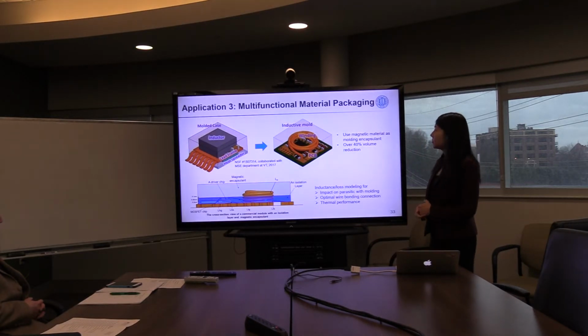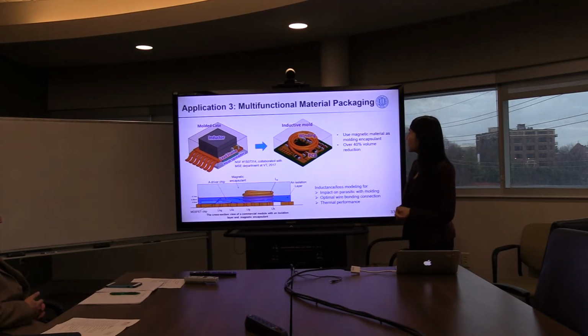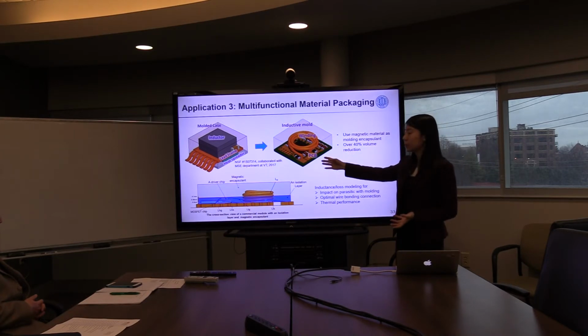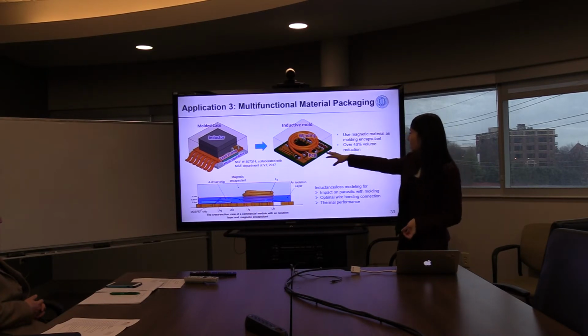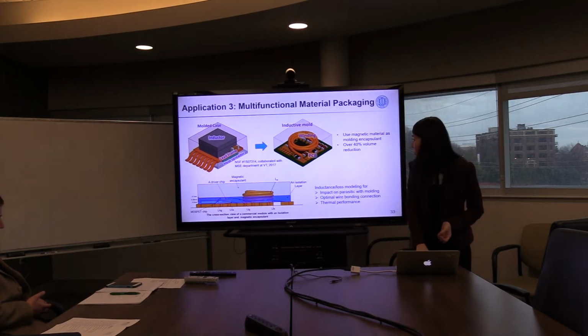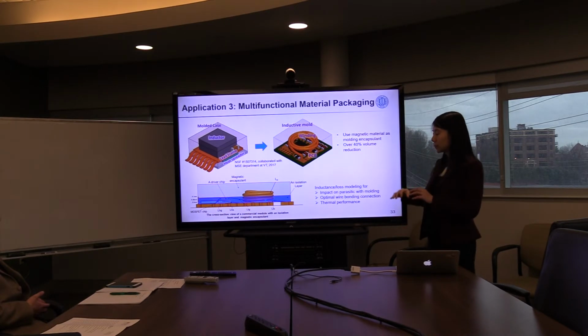Another application is that we can use multifunctional material for packaging. For example, this is a project funded by NSF. A traditional power module, like a point of load converter, not only includes an inductor, but also comes with a molded case to encapsulate everything inside.